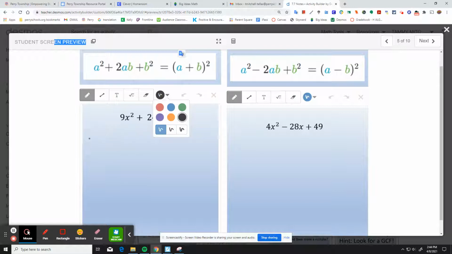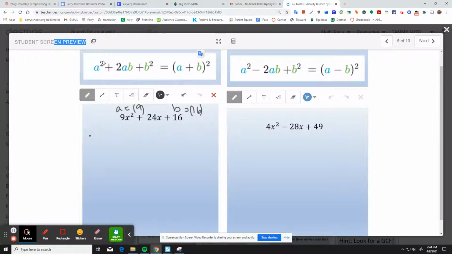Whenever you see something that is the product of two perfect squares like this, all you want to do is identify your A and your B. So in this case, my A is 9, and my B is 16.